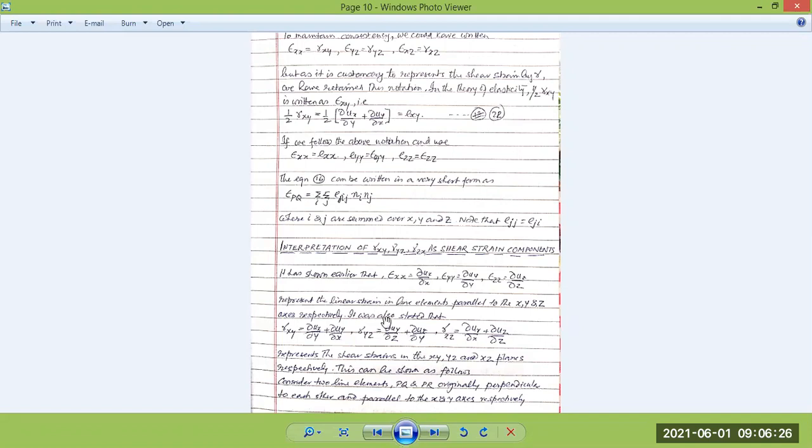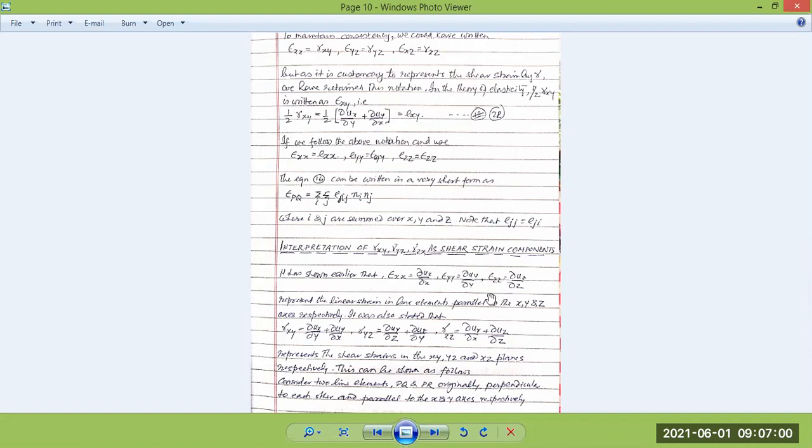This is shown earlier: epsilon xx is the strain, not elongation but strain, along the x-axis, normal to the x plane, delta ux by delta x. Epsilon yy is the strain along the y-axis, normal to the y plane, an extensional strain, delta uy by delta y.